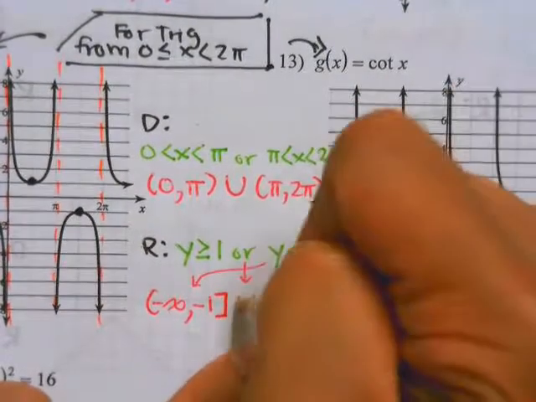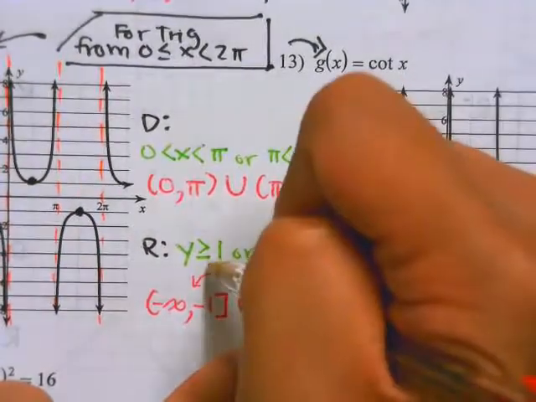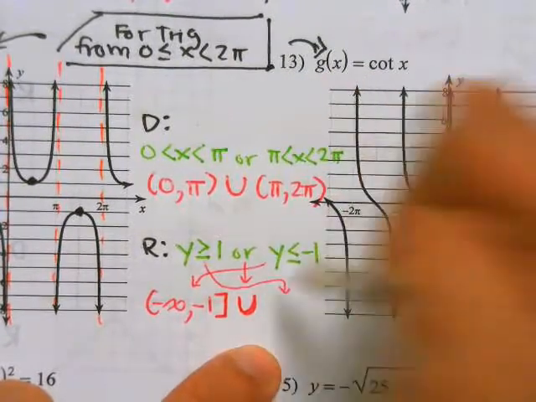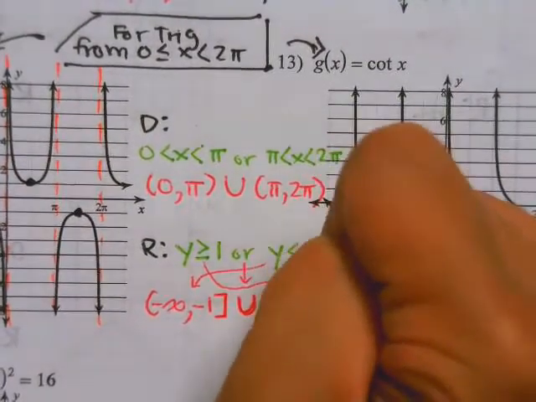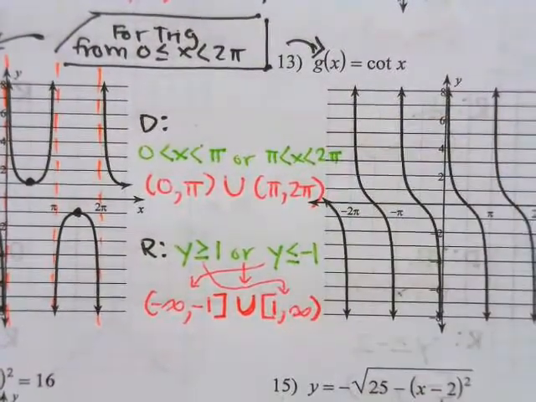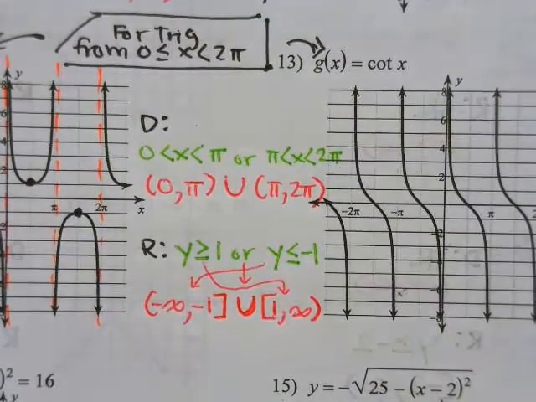And then or the union symbol, so this U over here, and then I'll put this in. So I'm trying to put it in numerical order, okay? The 1 is included, and then everything else can go above that. Okay, so that's going to be your interval notation for that. Okay, number 13.